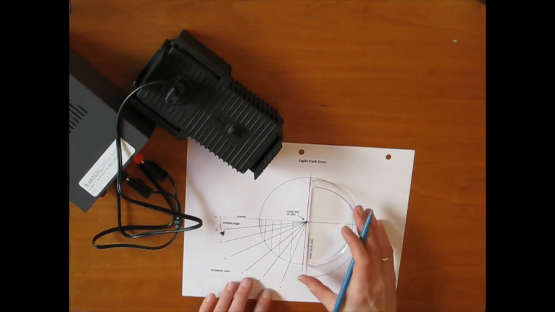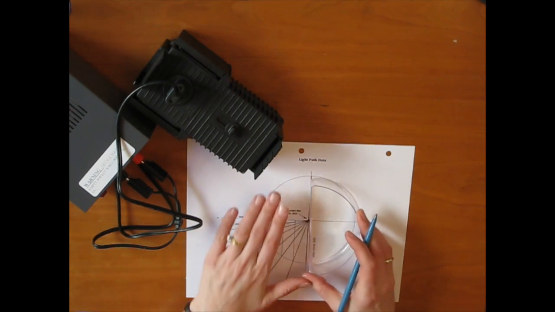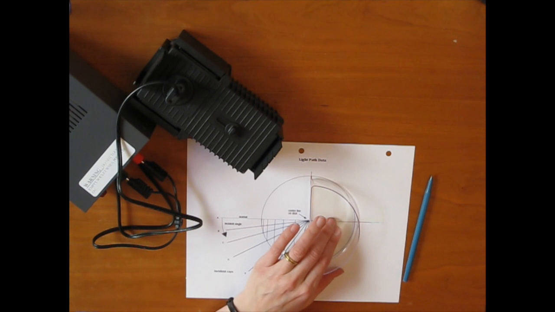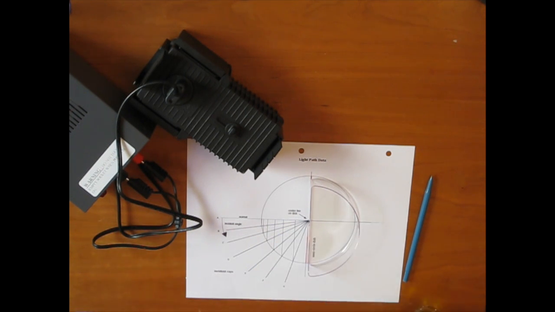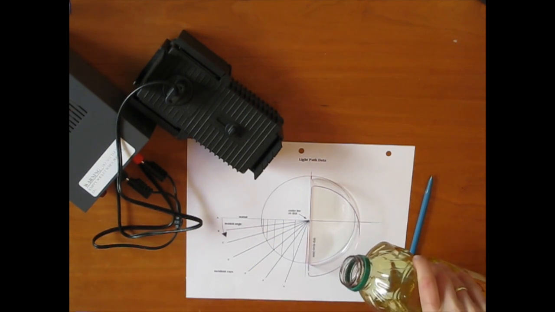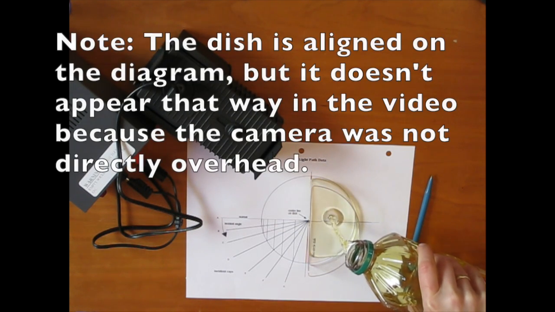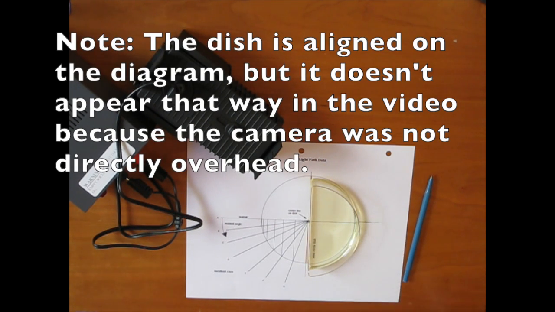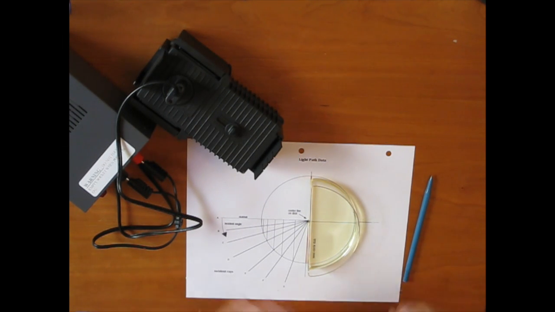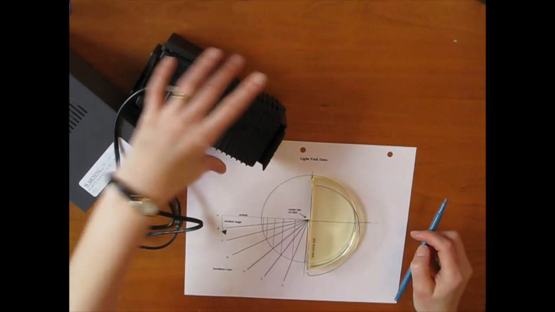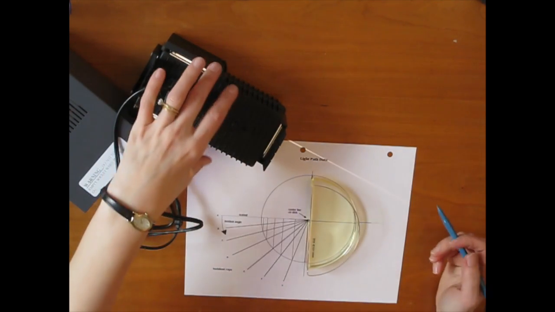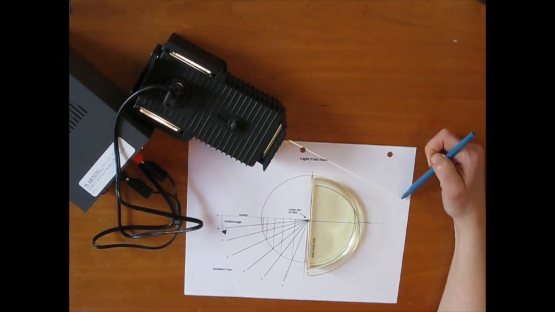So the boundary we're interested in is shown by the red line, air on one side. I am going to have oil on the other side of that boundary. Now we saw in class that when light travels in air, it takes a straight line path.